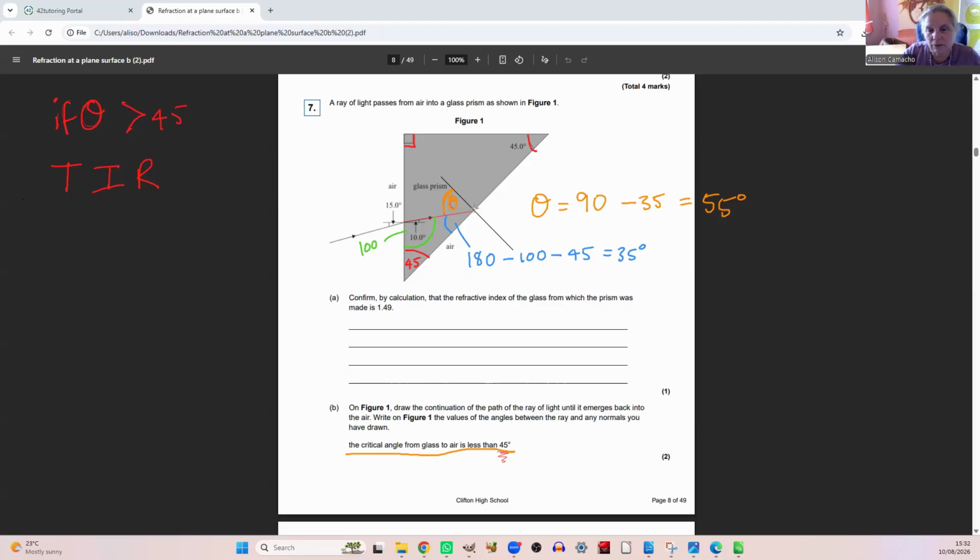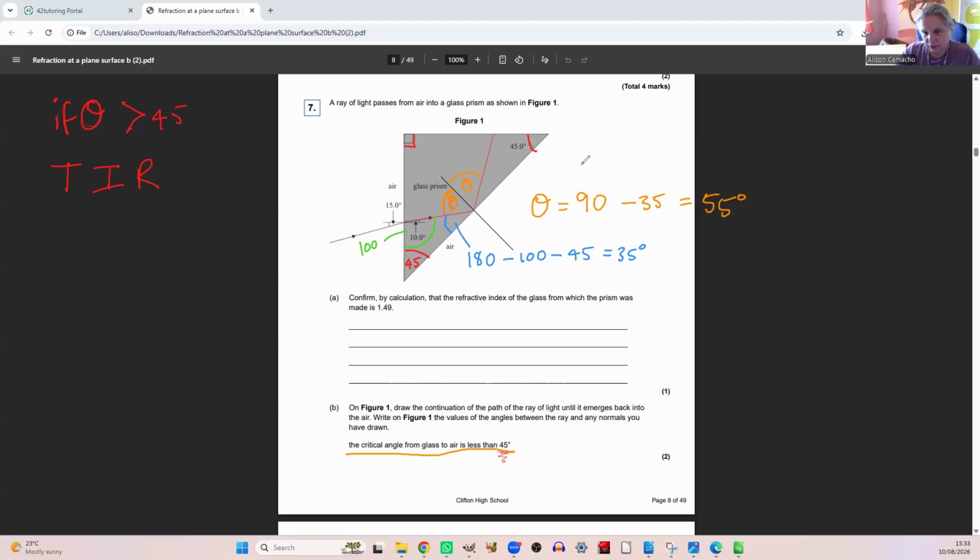So I can now draw it in. The next thing you've got to do is make sure that it looks the same, both sides. So this angle I'm going to draw in, this one is also theta.